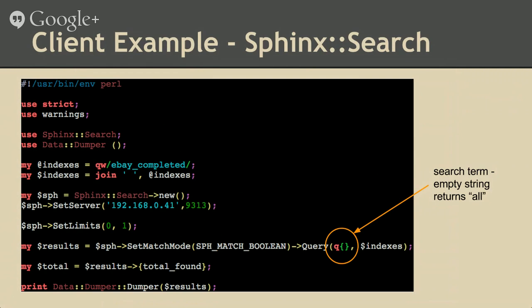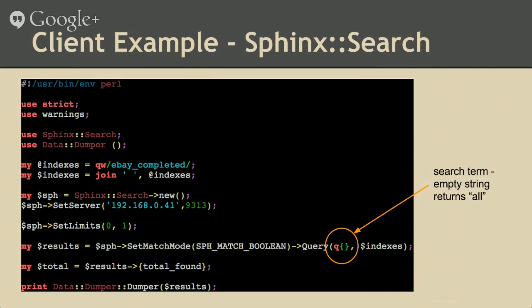It's a logical expression of keywords, so it's pretty handy. This query sets the match mode. Here I'm just using an empty string. If I wanted to put in a keyword, this is where I would put my Boolean expression.